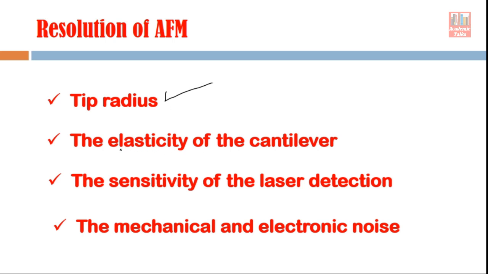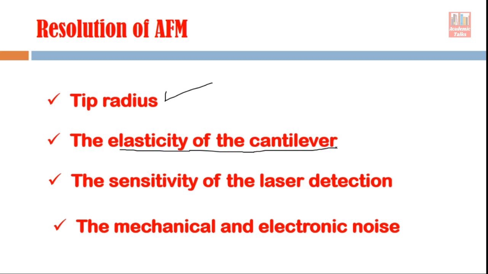The second factor is the elasticity of the cantilever. The more elastic the cantilever is, the more resolution there will be, because if we compare two cantilevers with different elastic properties, for the same amount of van der Waals forces, the cantilever which is more elastic will bend more, and that more bending is useful because it is easier to detect.